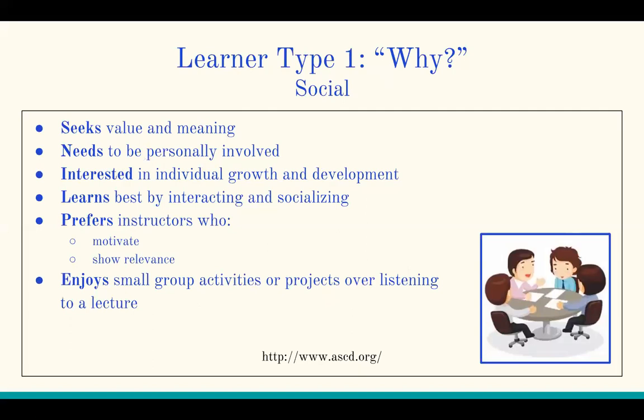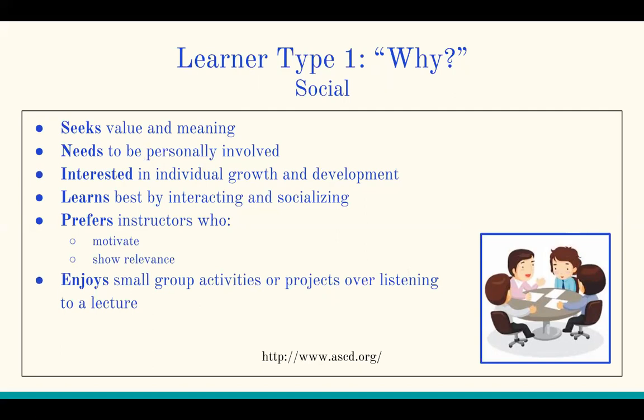Or why does this have importance? This is a social type of learner. They really learn through socializing with other students and working in groups. They enjoy group activities because they value personal experience and stories of other learners.